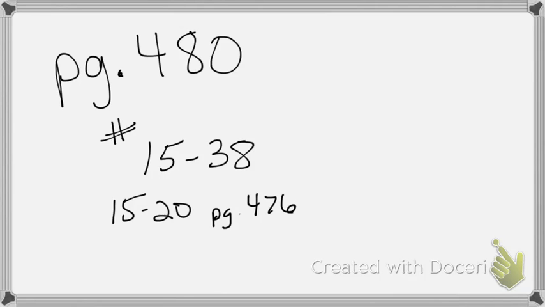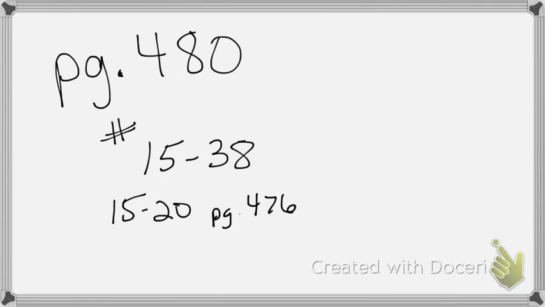Now, we've already done a couple of those together. So you can look through your notes, or you can look at that example on page 476, those two examples of A and B. Okay? So first, you're finding the greatest common factor. And then whatever terms you have left, look how all they did was just put it beside it. That's what we did at the very beginning of this. Okay, whatever you have left, you just leave it there.